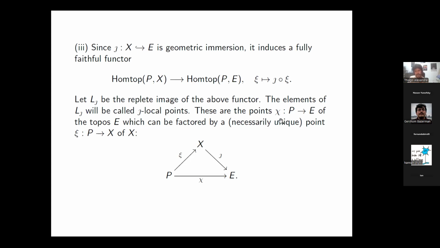So these are the points of E which can be factored by an essentially unique point of X. The image of G basically induces this functor, which is fully faithful, and the replete image, the essential image of this functor, are precisely the points of E which can be factored by a necessarily unique point of X, like in this diagram here, right?